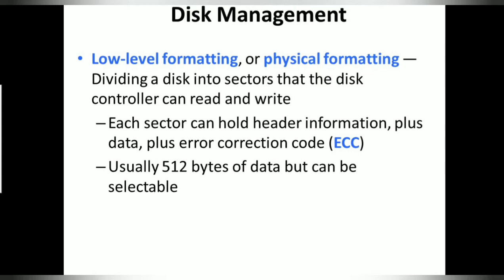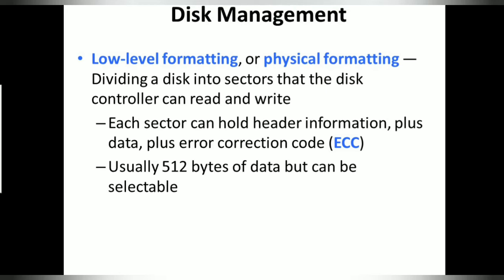The best example I could give is the optical disc, your CD or your DVD. When you place it for the first time, it is just a blank slate. It just has platters. The sector division happens only when you format.